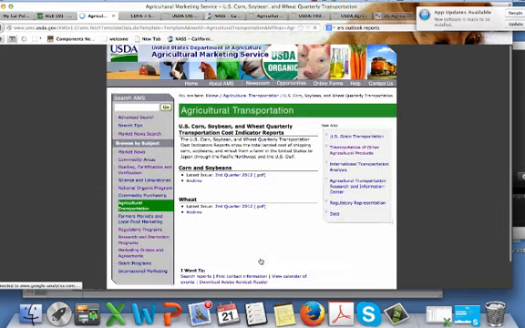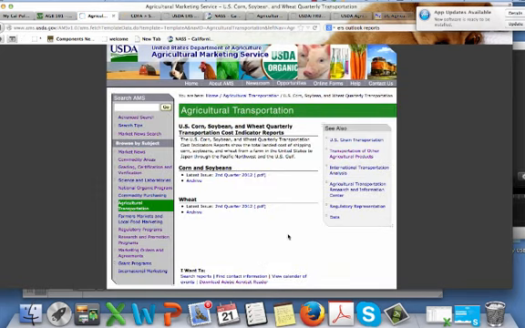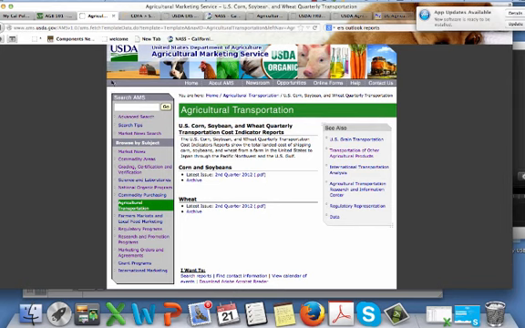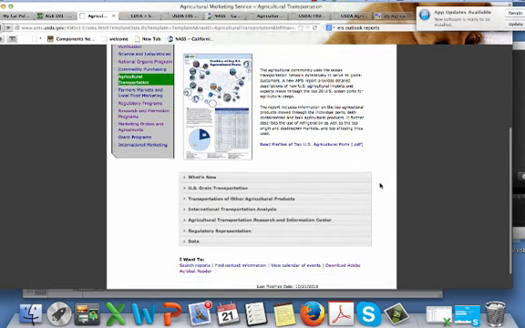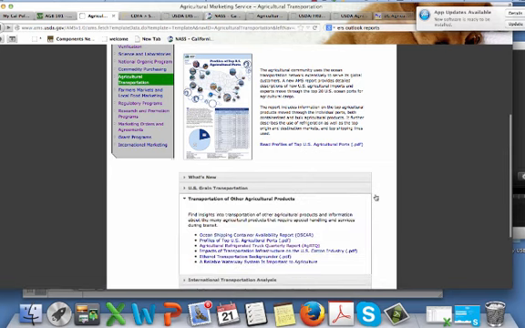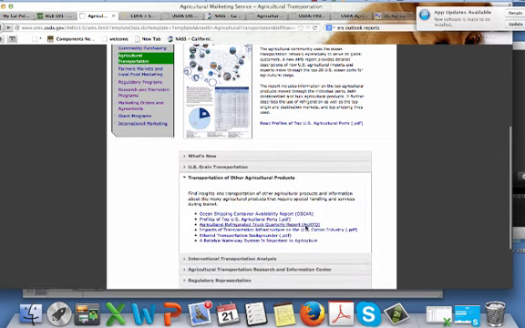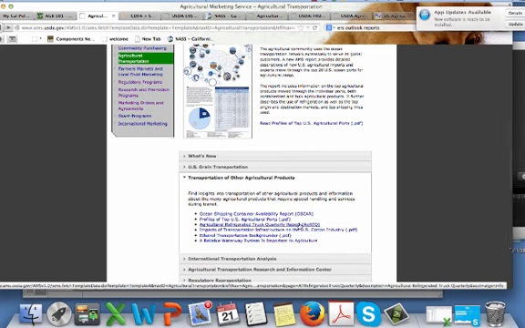Transportation of U.S. Grains, a Modal Share Analysis is going to tell you how much went by rail, how much went by truck, how much went by other types, like barge traffic. So that will help you with some of the grain products. For other agricultural products, the Refrigerated Truck Quarterly can give you some information about fruits and vegetables.